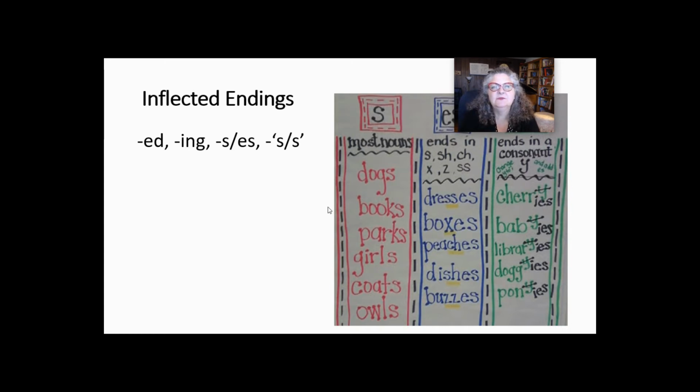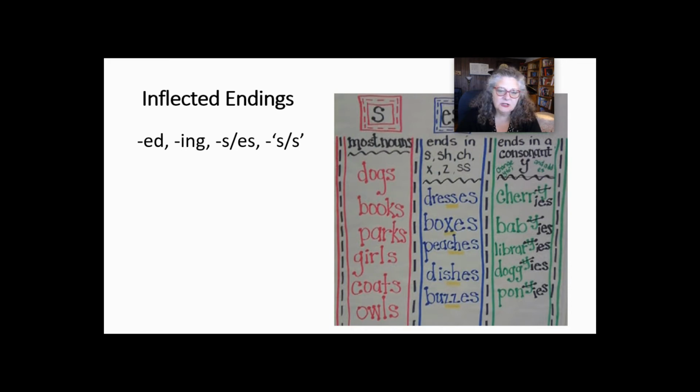So its grammatical function, okay? So here are the inflected endings. ed, meaning past tense, ing, meaning present participle, s or es, meaning plural, and then apostrophe s or s apostrophe, meaning possession. So these are the inflected endings.